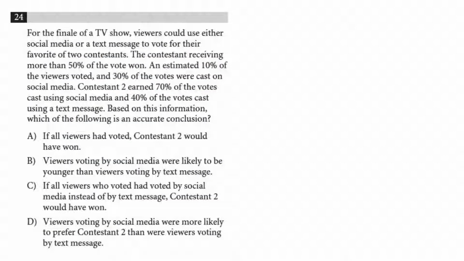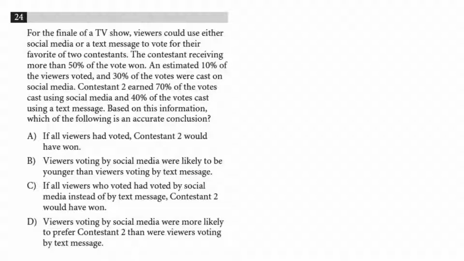24. For the finale of a TV show, viewers could use either social media or a text message to vote for their favorite 2 contestants. The contestant receiving more than 50% of the vote won. An estimated 10% of viewers voted, and 30% of the votes were cast on social media.